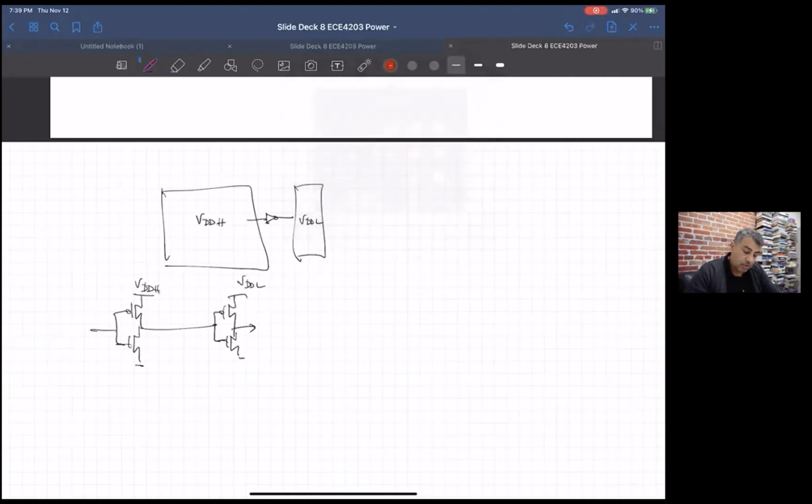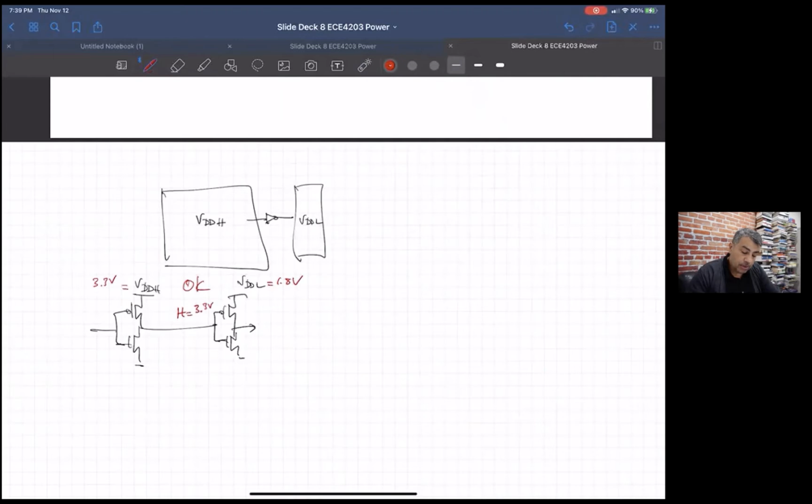In this case, you are okay. Let's say VDD high, for the sake of discussion, was 3.3 volts, and VDD low was 1.8 volts. A high value here would be 3.3 volts on the gate of this guy.